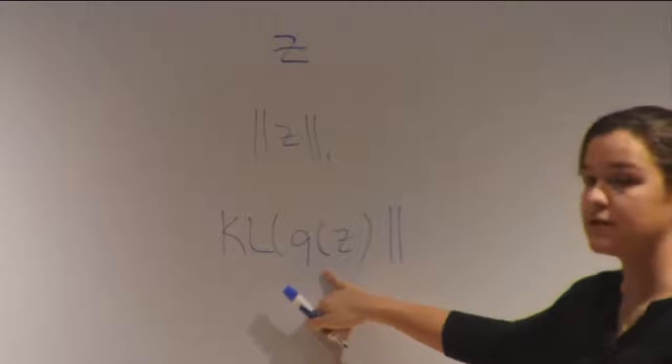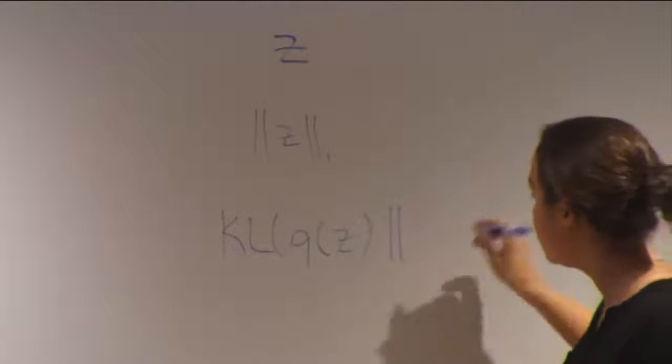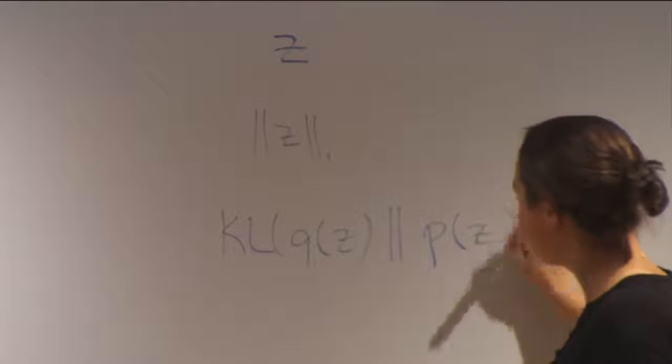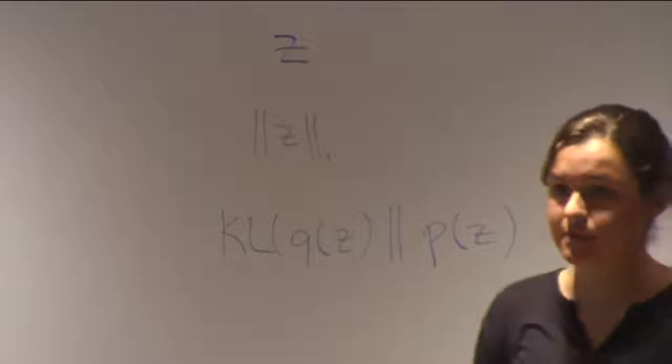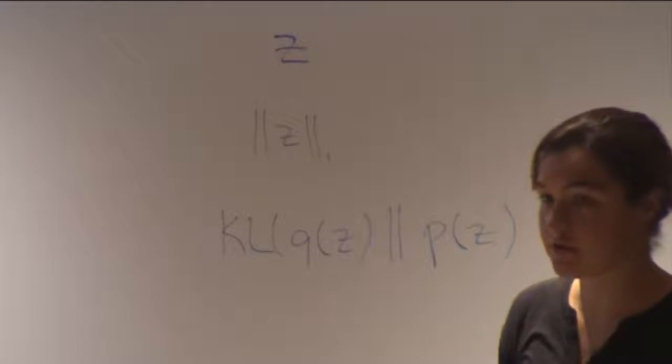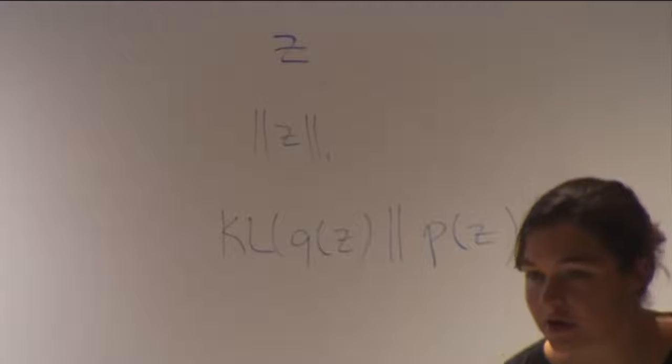Say Q of Z is the output of your encoder of the network, and then P of Z is the prior distribution. Then you put a penalty of this form in order to encourage it to follow that distribution. And I'll talk a little bit more about that later.